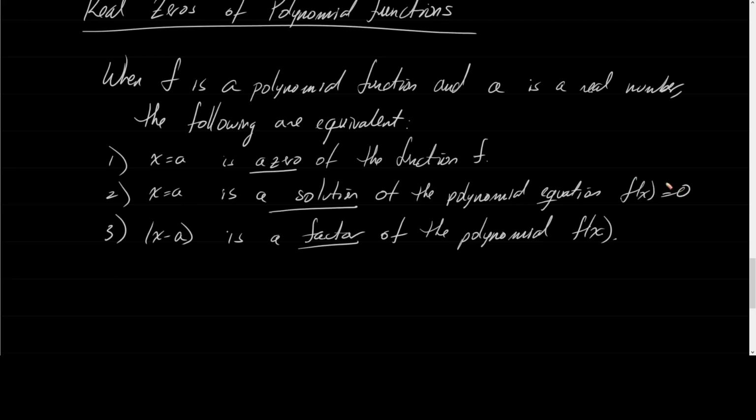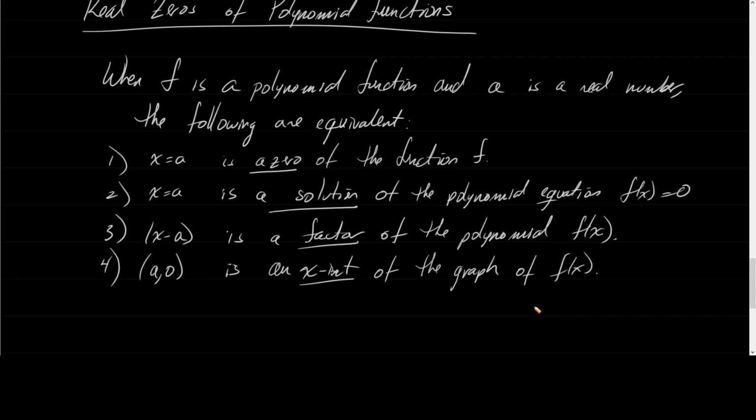And I could also say x minus a is a factor of f of x. We can also say that the point a comma 0 is an x-intercept of the graph of f of x. All right, so all of these statements are equivalent. Saying this is 0, it is a solution, that x minus a is a factor, and the point a comma 0 is the x-intercept. Those are all equivalent statements.